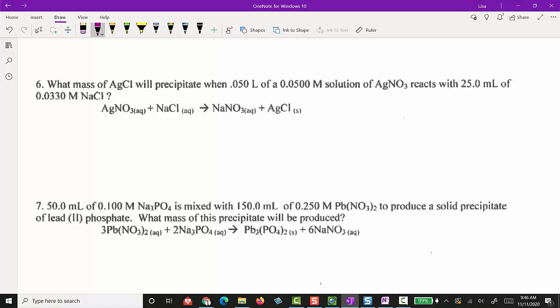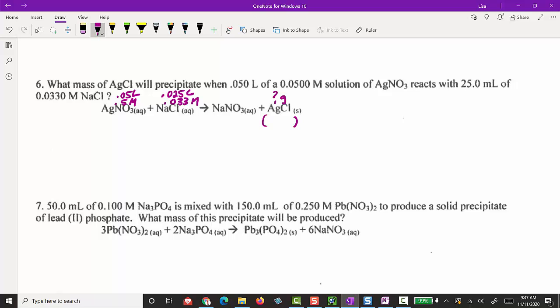I have 0.05 liters of a 0.5 molarity, and then I have 0.025 liters with 0.033 molarity. The question is wanting grams of the precipitate.